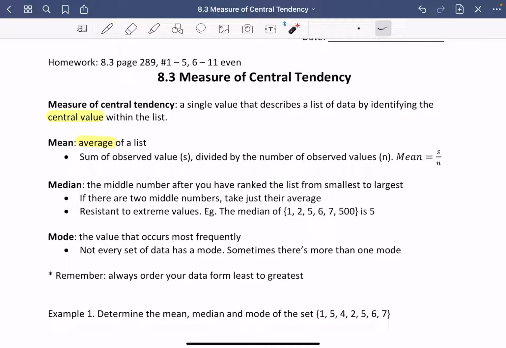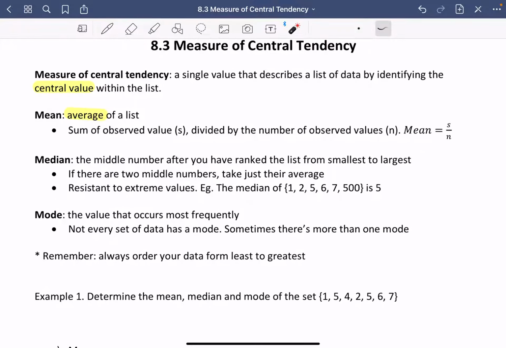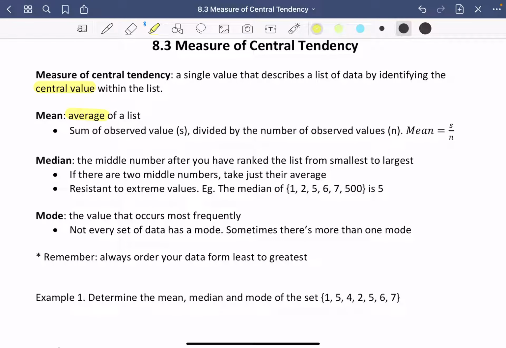And next one we have the median. Median is the middle number after you have ranked the list from smallest to largest. So you've got to sort them first from smallest to largest and then find the middle of all the numbers.